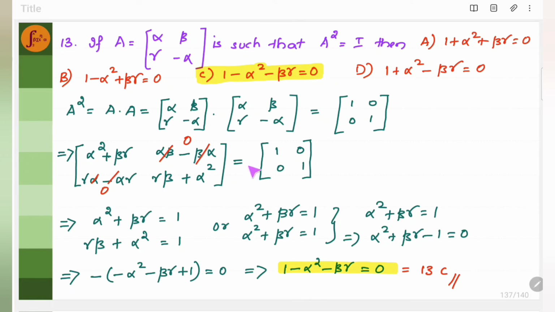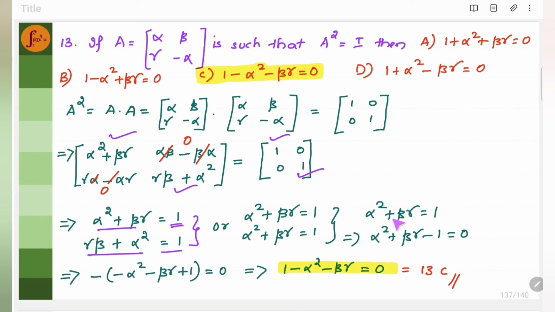You're going to get this matrix equated to the identity matrix. Now you form equations. Take this equation equated to 1 and this equation equated to 1. That is, alpha square plus beta gamma is equal to 1, and gamma beta plus alpha square is equal to 1. Take both of these expressions.